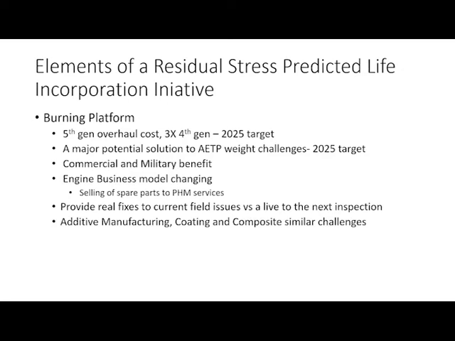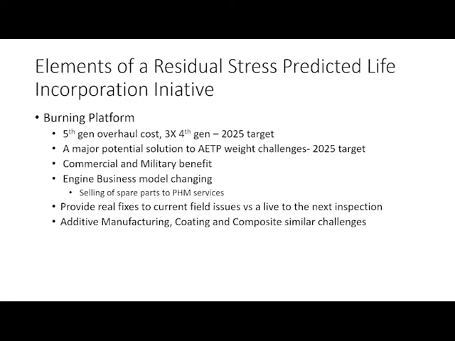So there's some major benefits out there. With the 5th generation, overhaul cost about 3 to 4x the 4th generation. We've got some weight challenges in our 6th generation engines. Both commercial and military benefits would result from this kind of life enhancement.